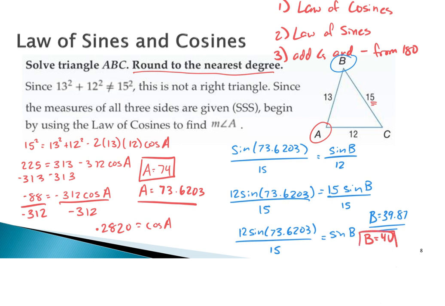So taking those numbers, I have 74 plus 40, and that's going to be 114. And 180 minus 114 means that C is going to be equal to 66. And there are our answers. This is what it means to solve a triangle. You're going to find all three angles.